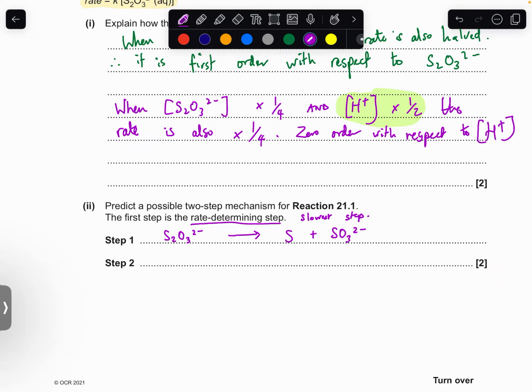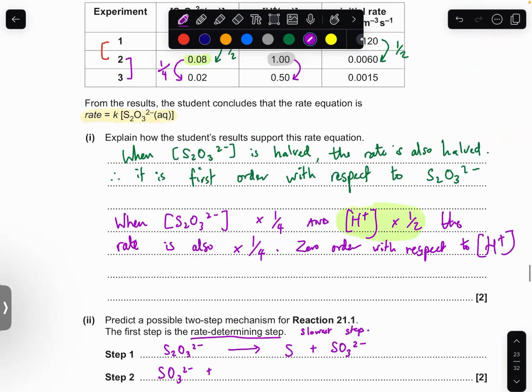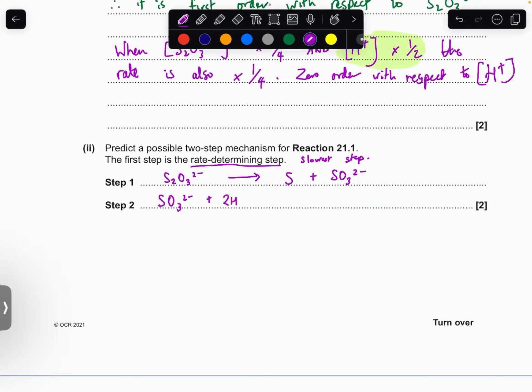That intermediate is then put into the fast step. Let's add our 2 H+ here. And you see, why is H+ here? Because H+ is 0 order. It will be in the fast step. Remember, this is slow.